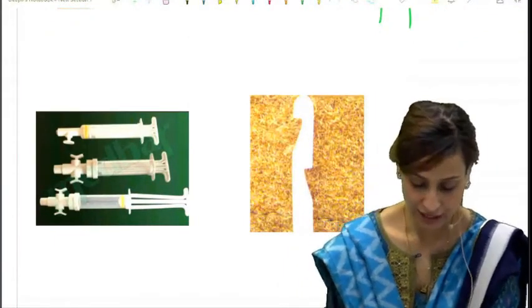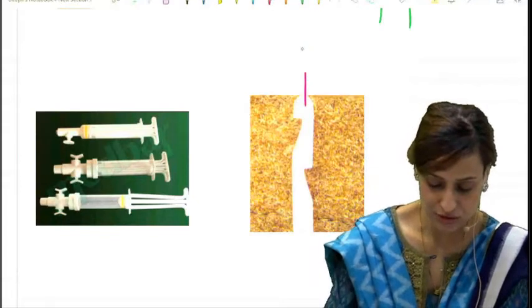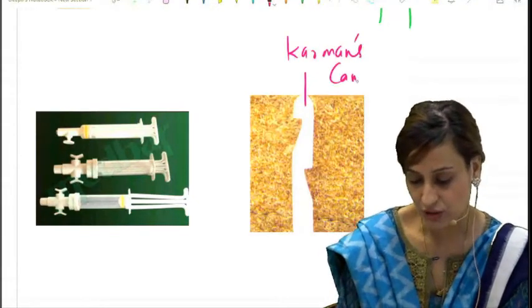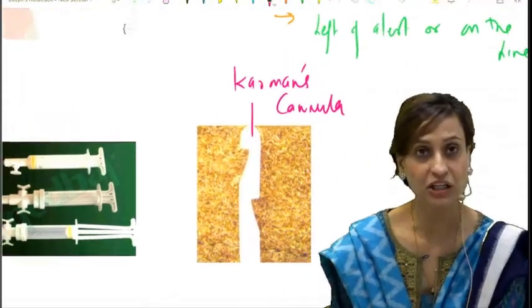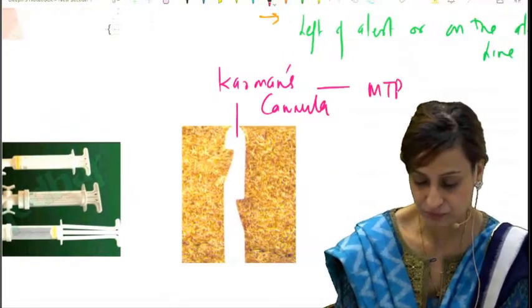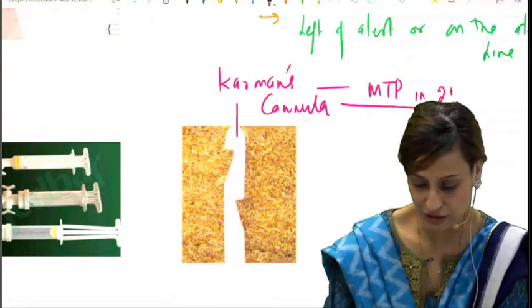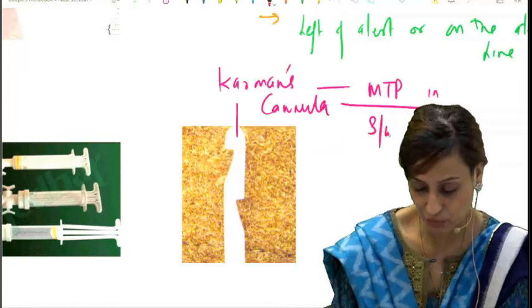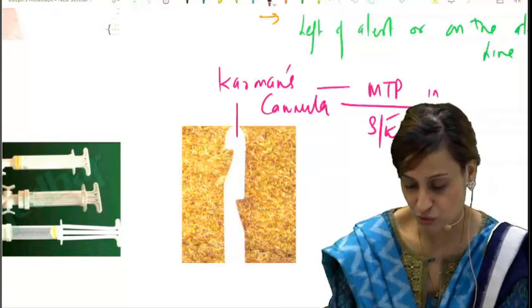And this is a Karman's cannula. Again, they have been asking things about it. So Karman's cannula is what we use for MTP in the first trimester, in suction and evacuation, which can be done up to 12 weeks, right?